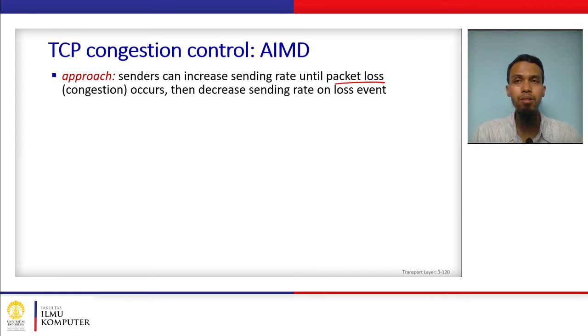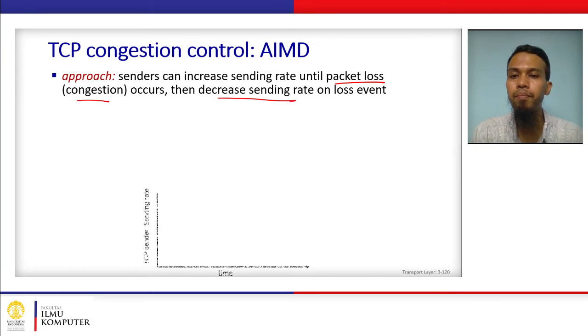If there is a packet loss, it can infer that there is congestion in the network. Then it decreases the sending rate by half. It can be by half or by even more. Now let's have a look at this illustration.